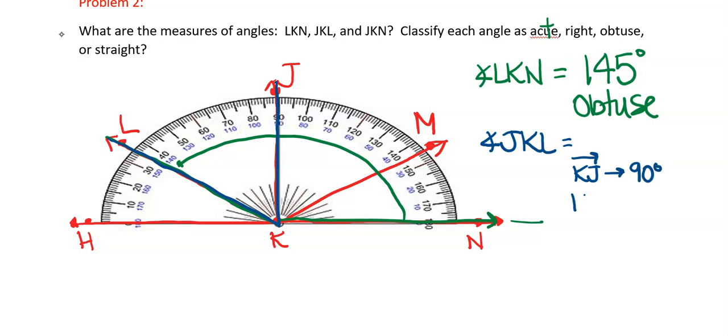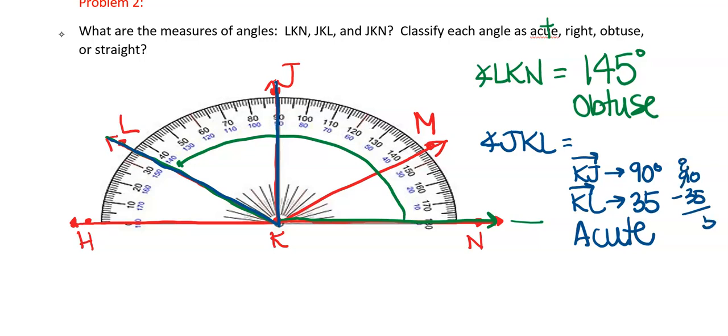Ray KL is at 35 degrees. This is an acute angle because it is less than 90. This one's at 35, and we're going to subtract. So 90 subtract 35 will be how much this one is: 55 degrees.